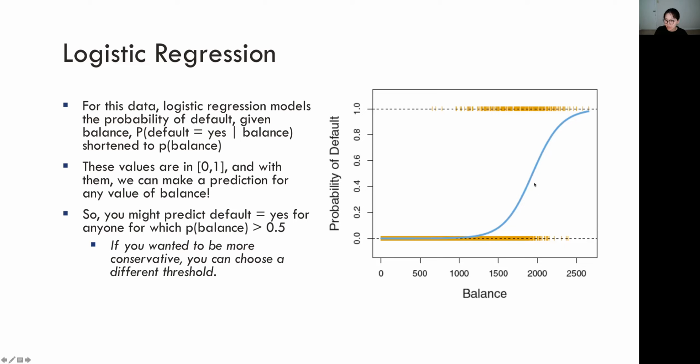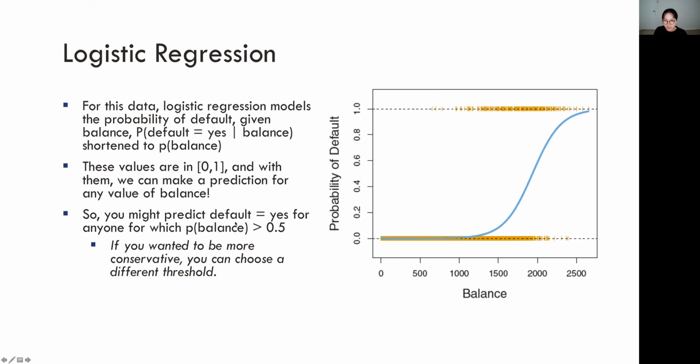It's shortened as the probability given this balance, or we normally say p(x). And these values are within 0 and 1. With this probability, we can make predictions for any value of the balance. Once the balance is given, we can predict this probability.